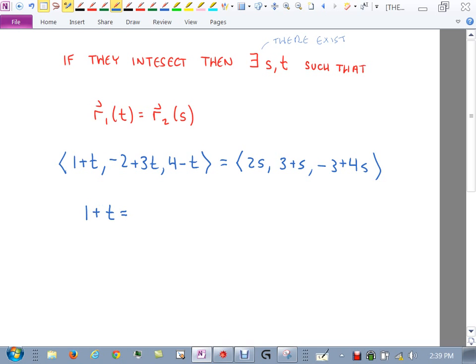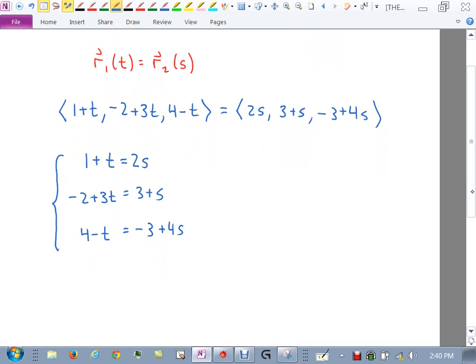1 plus T must be equal to 2S. The other one is -2 plus 3T must be 3 plus S. And the last one is 4 minus T must be equal to -3 plus 4S. I'm going to put a brace on the outside to stress that I have a system of equations. I need to find the S and T that make all three of those true simultaneously.